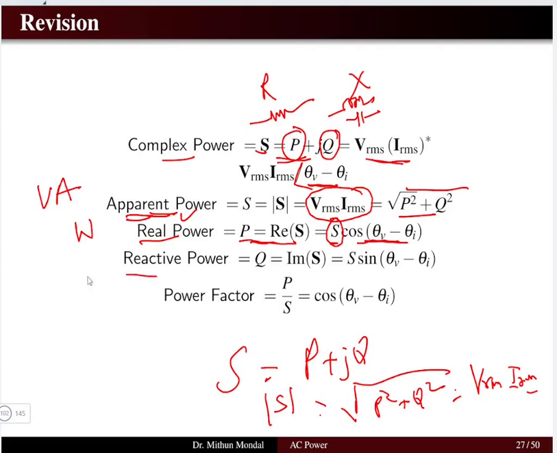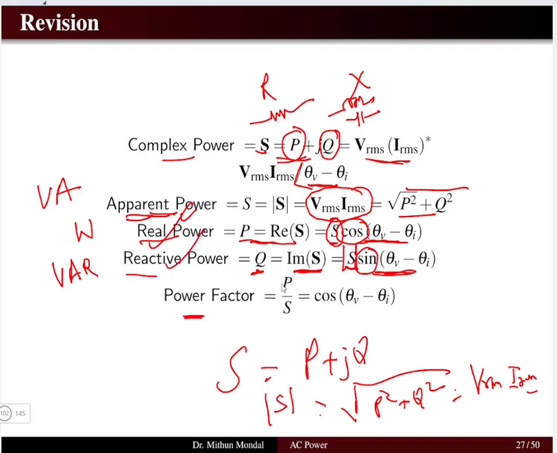The reactive power, whose unit is volt-ampere reactive, denoted by Q, is the imaginary part of the complex power S: the magnitude of S times sine of theta V minus theta I. So if cosine is used, you get the real power; if sine is used, you get the reactive power.